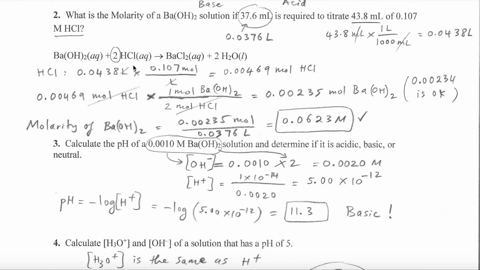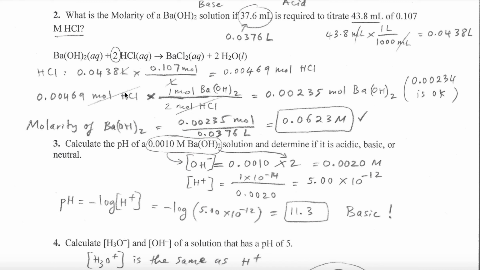Notice we need that to cancel out a liter. We got 0.00469 moles of HCl. Okay, now it's the stoichiometry. That's moles of HCl. You have 1 mole of barium hydroxide from the balanced equation over 2 moles of HCl.